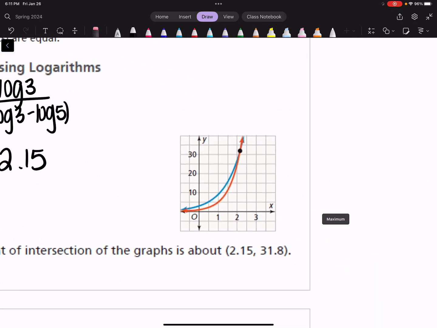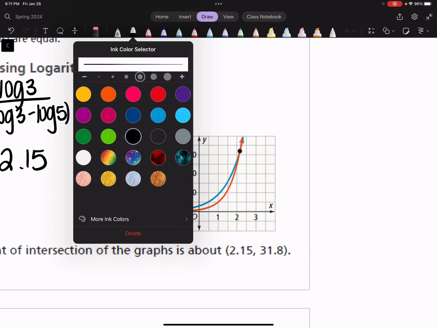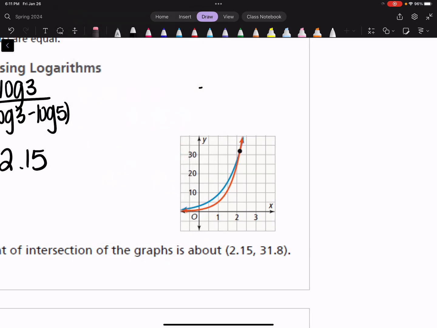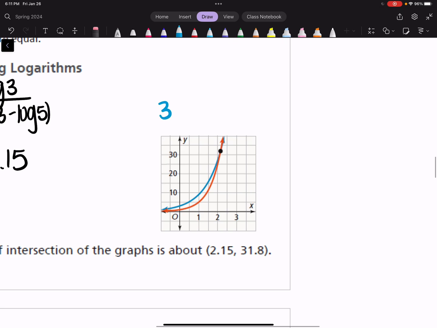On our graph here, we have two different functions. So our notes actually give us the two equations that are graphed separately, and we're looking at the intersection point. So our blue function is going to be the left side of our equation that we start with, so that's 3 to the x plus 1.